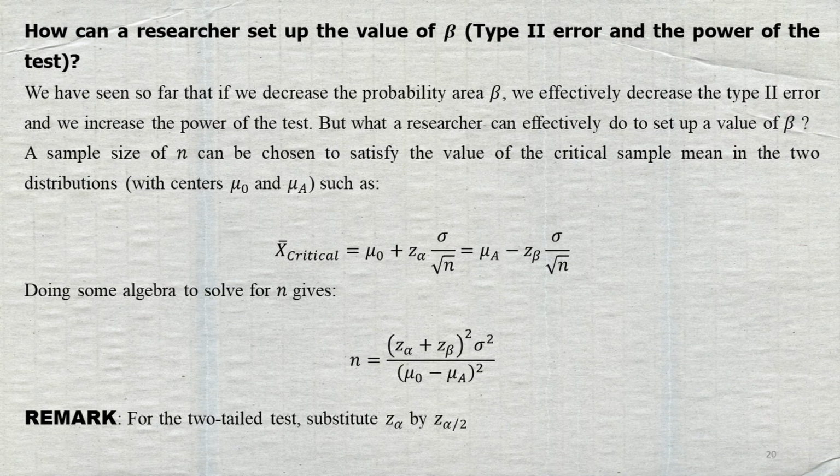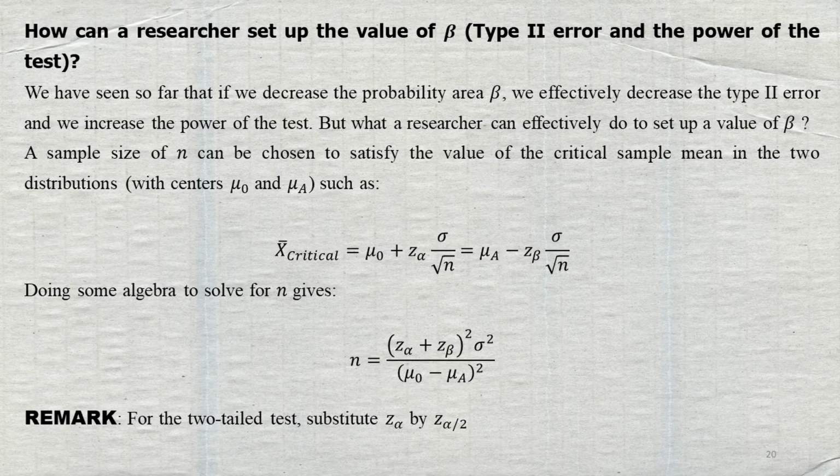How can a researcher set up the value of beta, type 2 error, and the power of the test? We have seen so far that if we decrease the probability area beta, we effectively decrease the type 2 error, and we increase the power of the test. But what can a researcher effectively do to set up a value of beta?